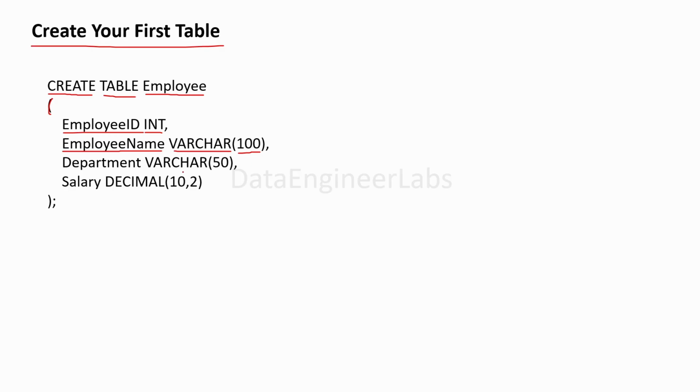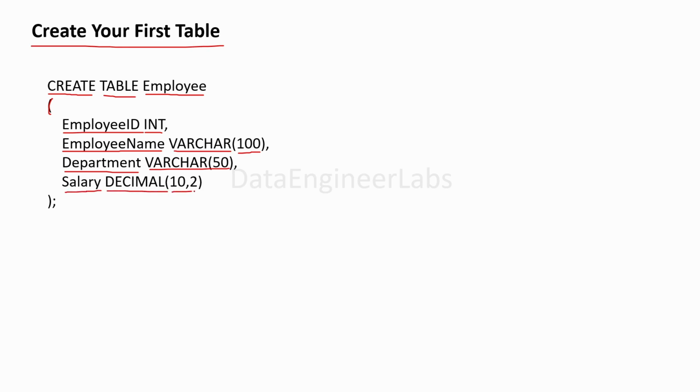And then again separated by a comma, we are giving another column name, which is department, and the data type of the department is again varchar or text, which has a limit of 50. And then lastly, salary, which is a decimal.